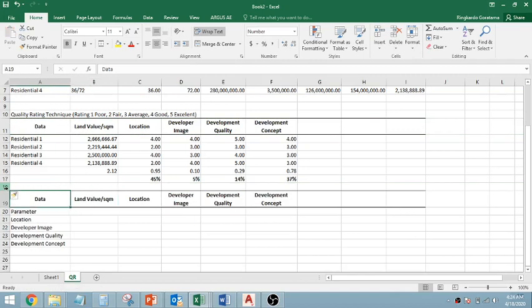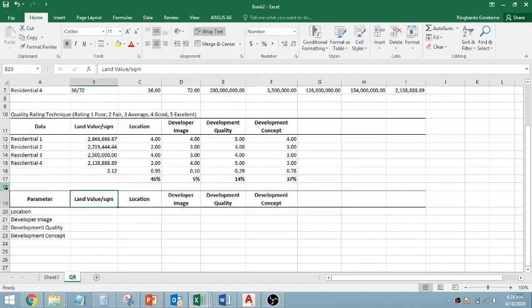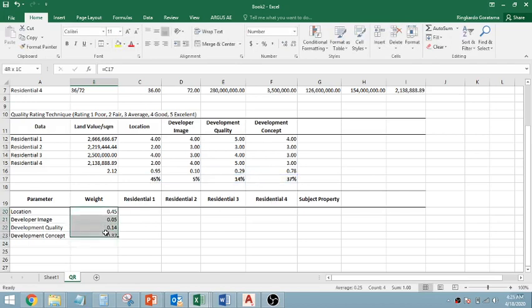This is the parameter, this is the weight, this is residential 1, residential 2, residential 3, and residential 4, and this is the subject property. So the weight is 45%, 5%, 14%, 37%.